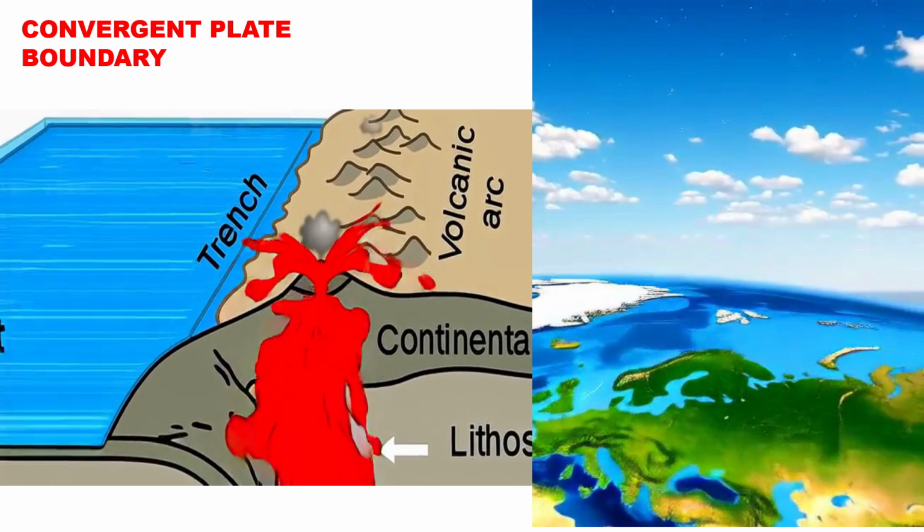As I already said, the Himalaya is the youngest mountain in the world. To understand the Himalaya, we have to know these plate boundaries. Due to the convergence of two continental plates, the Himalaya has formed. We will discuss it soon.